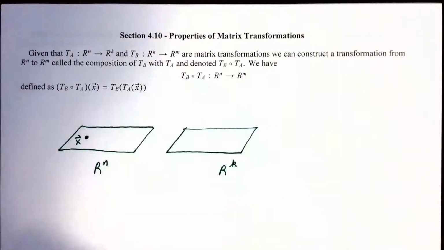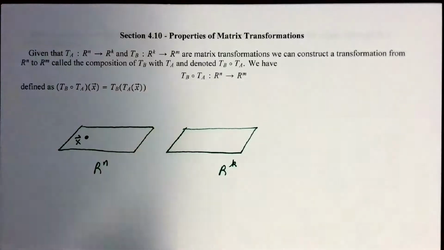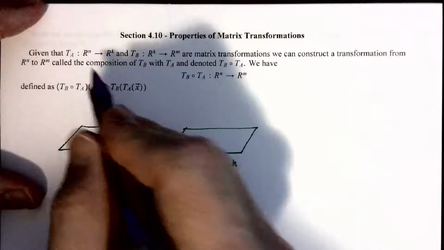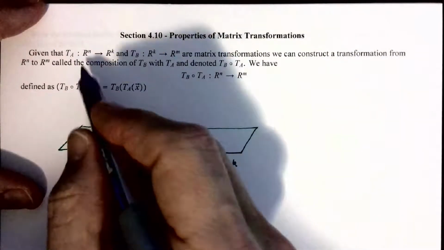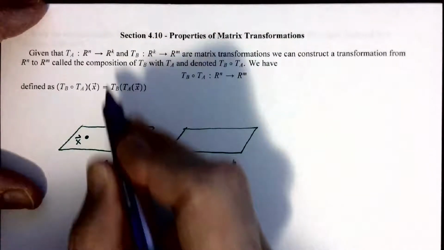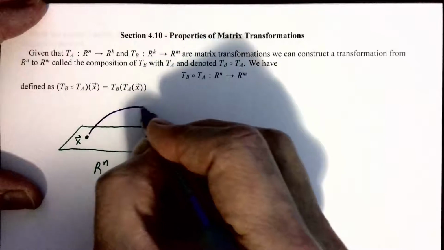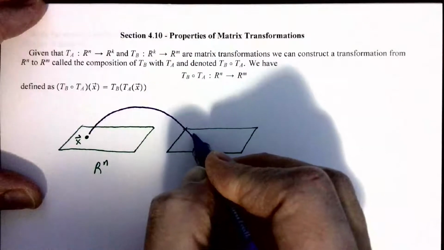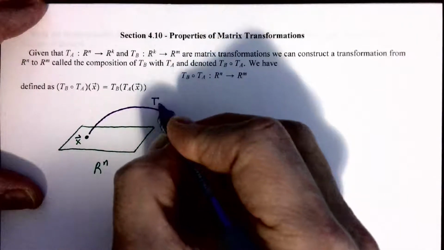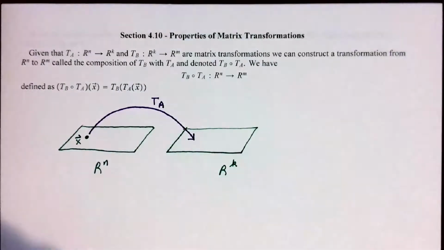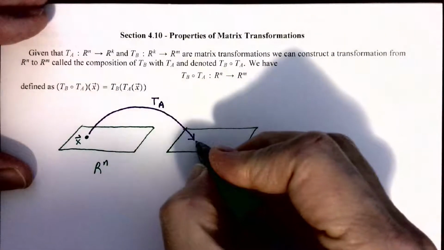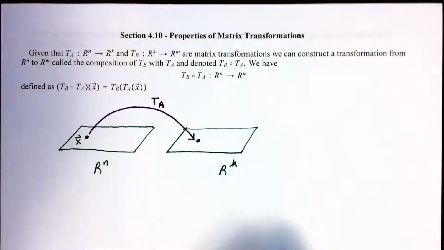It's a K tuple space, right? So the transformation A goes from N space, the domain, to K space, the codomain. So it's going to map, call this transformation A, and we're going to end up with this vector here in K space.